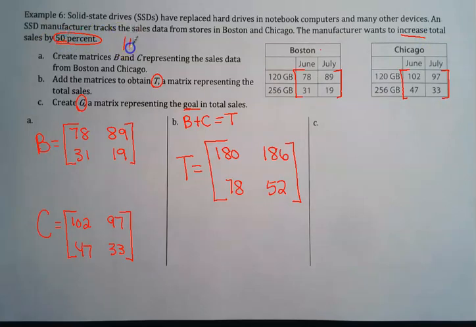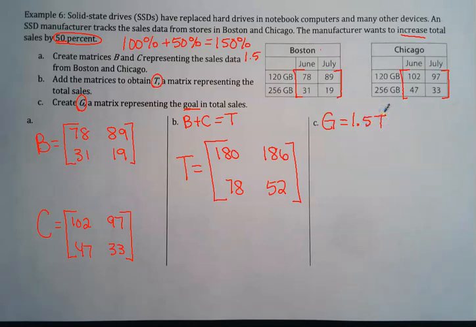So we want to sell 100% of what we sold already, and we want to add another 50%, right? So that's 150%. Which we represent by what numerical value? That's not a percent. Okay, that's 1.5, right?